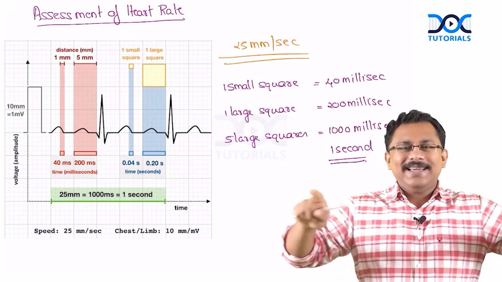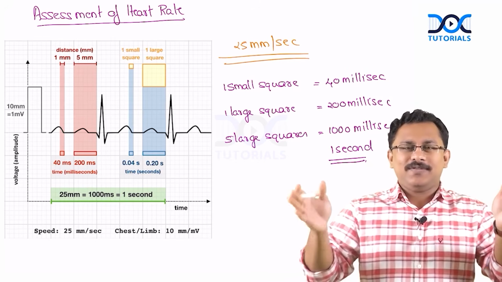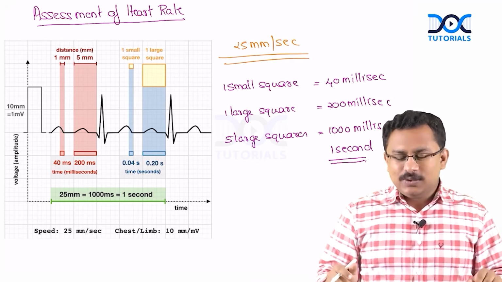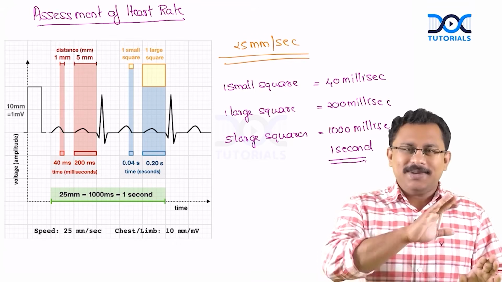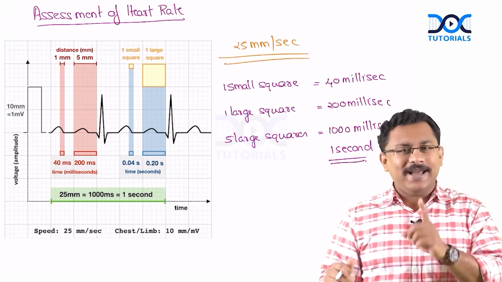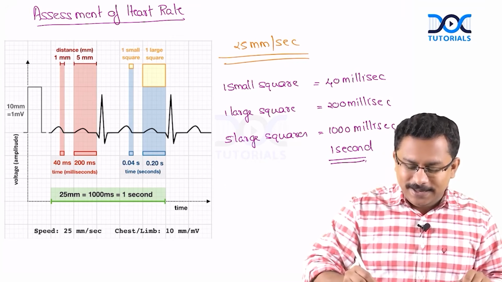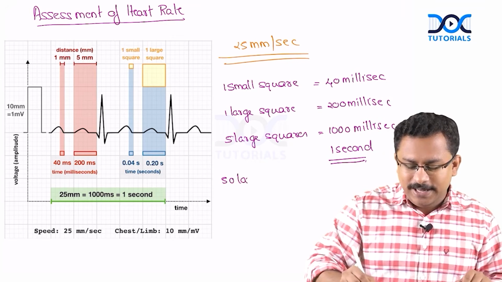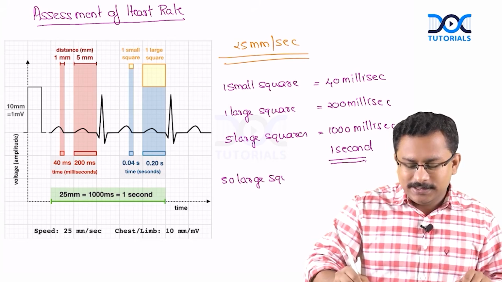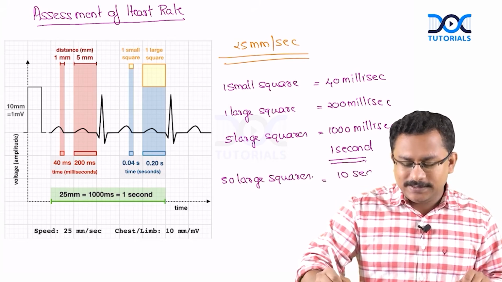Now, when you take an ECG rhythm strip, we know it is lead 2 that is running, you have got 10 seconds. What will be the number of large squares in a 10-second duration? You multiply by 10, so it will be 50 large squares corresponding to 10 seconds.